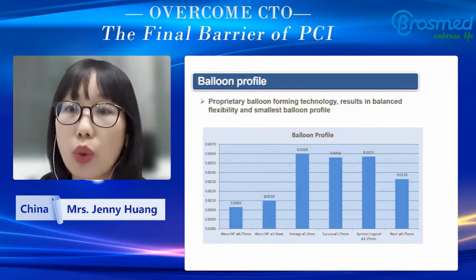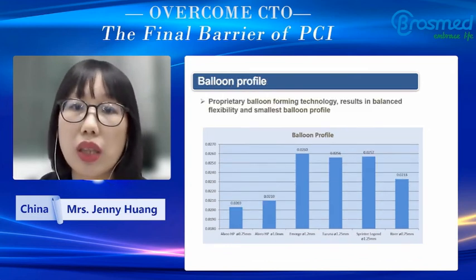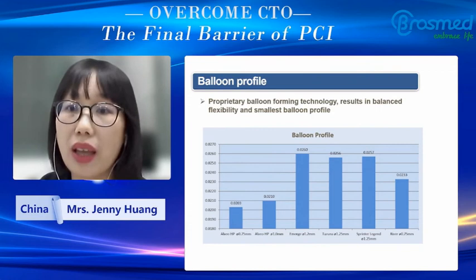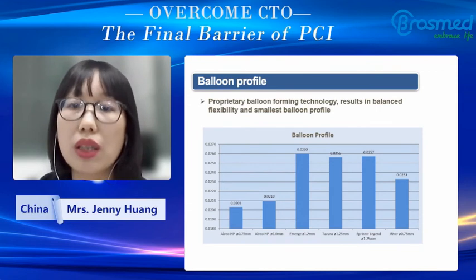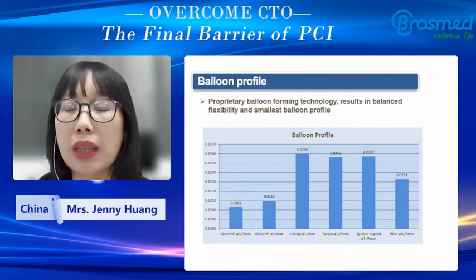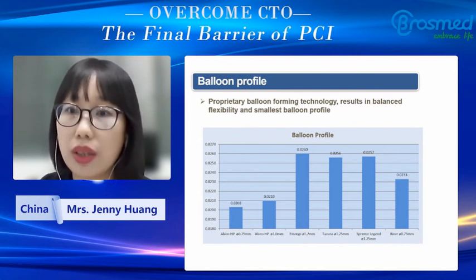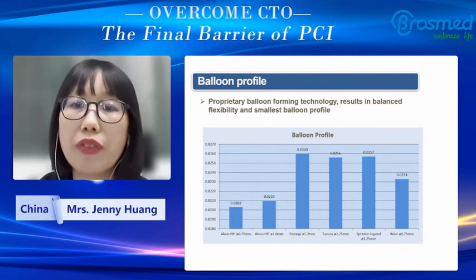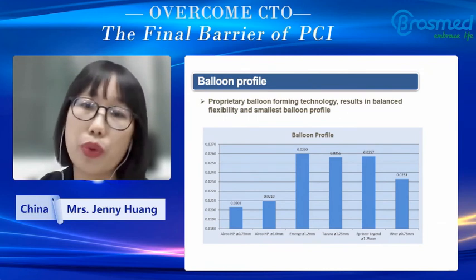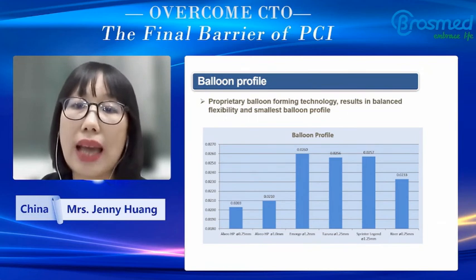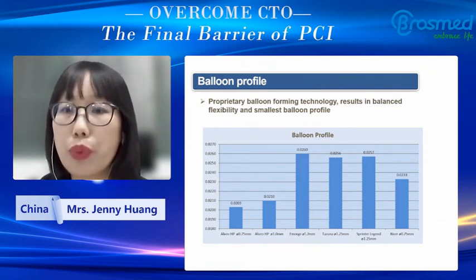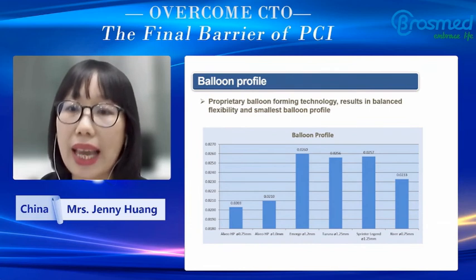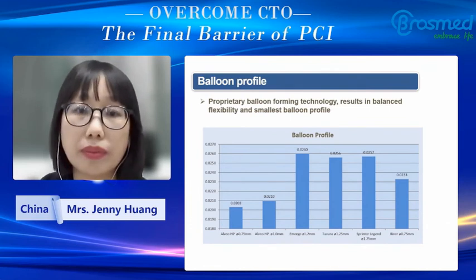Okay. So once the distal tip crosses, we need to consider the balloon profile. Alveo HP used the proprietary balloon forming technology. By this technology, Alveo HP solves the conflict between the thinner wall thickness and the higher burst pressure. Therefore, it has the smallest balloon profile, even with the highest RBP.